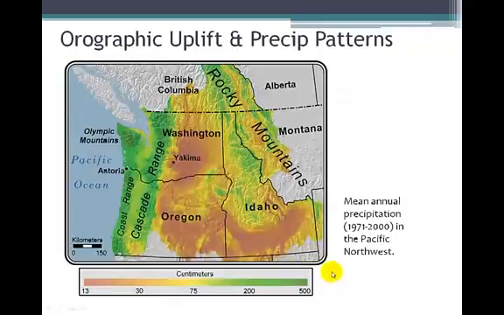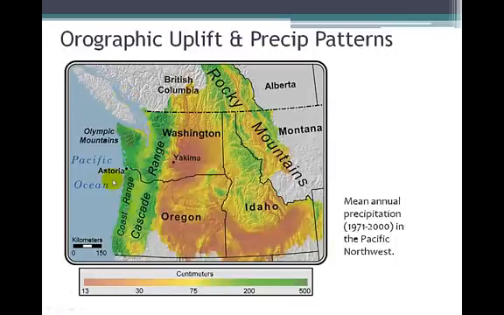Here's an example of that. This graph or this picture shows the mean annual precipitation in the Pacific Northwest in centimeters. You can see the scale across the bottom here. And there's a mountain range here, the Cascade Mountains, and the Coast Range here. So air flows in this direction off the Pacific Ocean from west to east, and as it encounters these mountains, it's forced to rise, and as it rises, it causes cloud development and thunderstorms, precipitation events to occur.